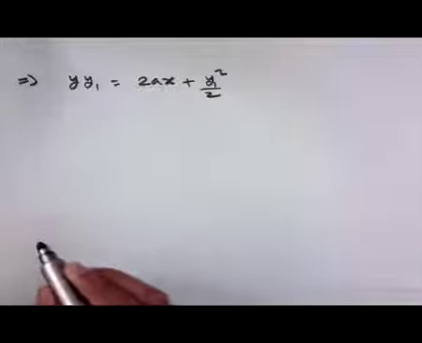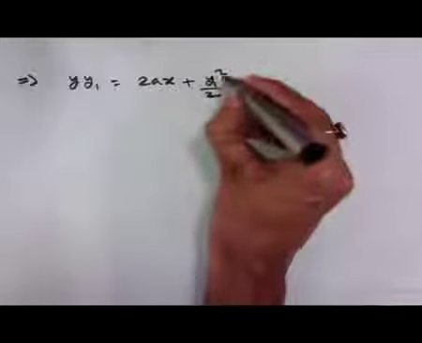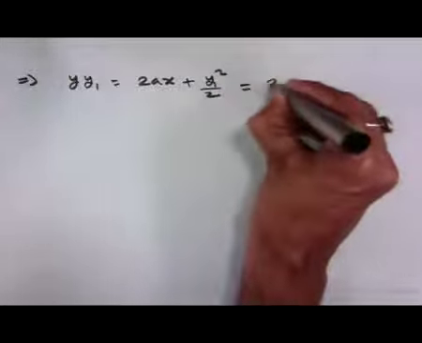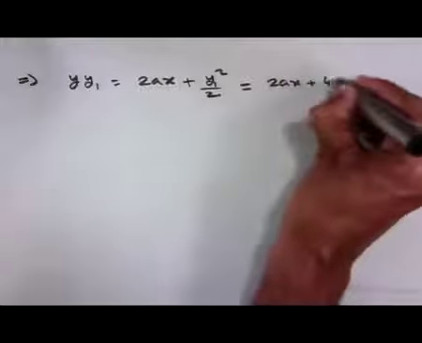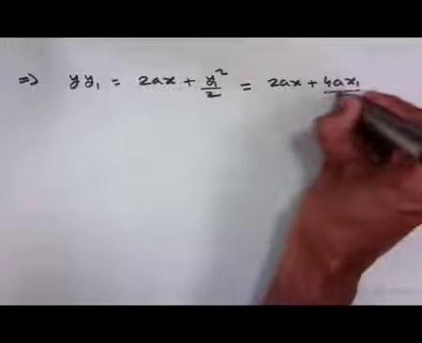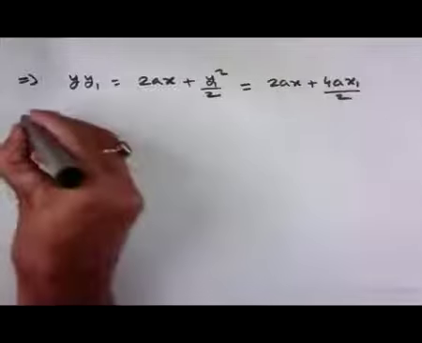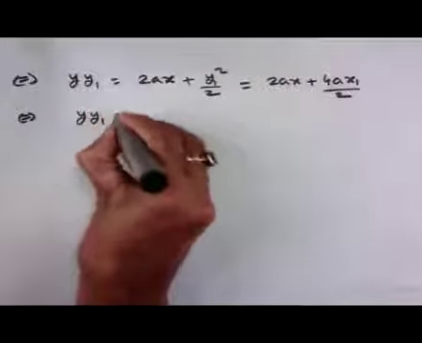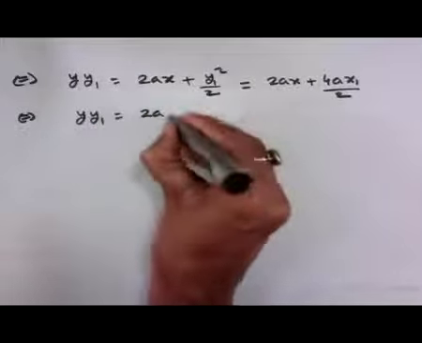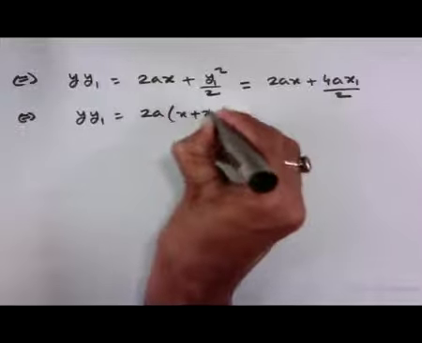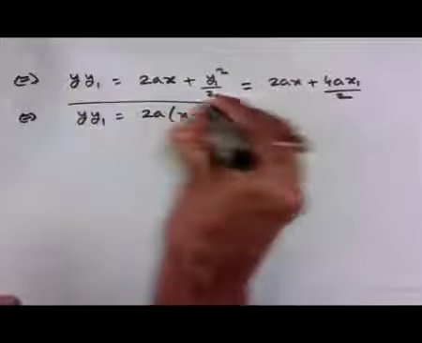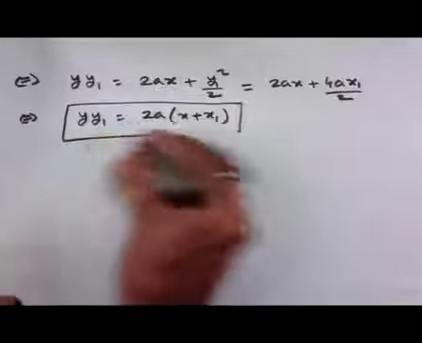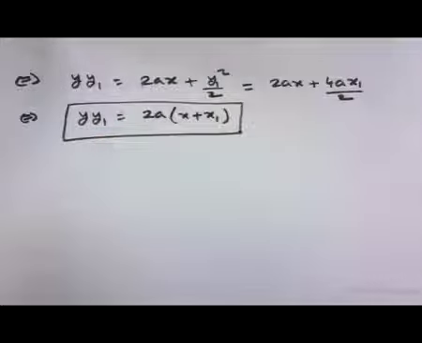Now, let us put y 1 square as 4 a x 1. So, this is 2 a x plus 4 a x 1 divided by 2, that is y y 1 equal to 2 a times x plus x 1. So, this is the equation of the tangent line at the point x 1 y 1.